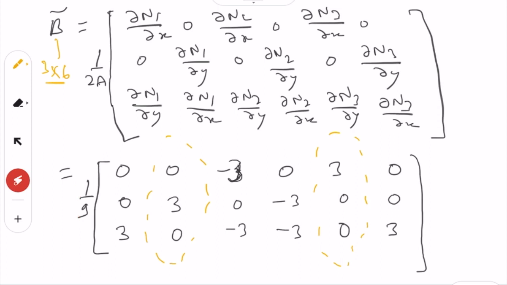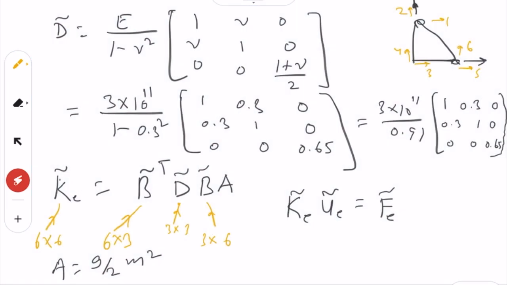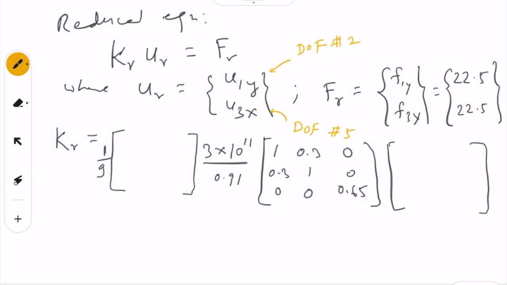So 0, 30, 300 multiplied by 1 over 9. So 1 over 9 multiplied, and multiplied by the area.